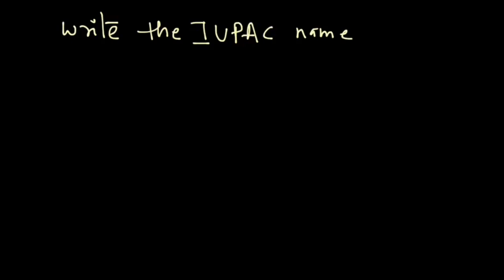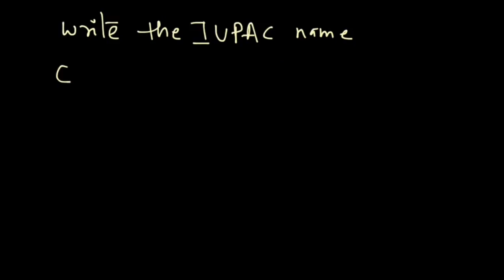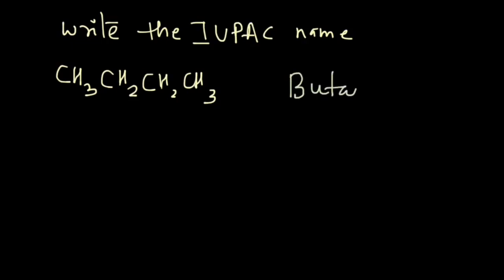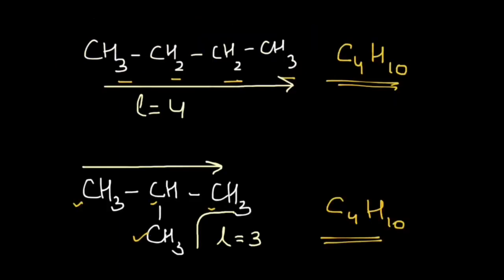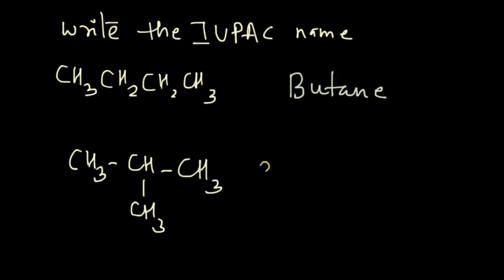For example, if we look back, we have this first compound CH3CH2CH2CH3, and its IUPAC name is butane. The second compound, CH3CH(CH3)CH3, has the IUPAC name 2-methylpropane.